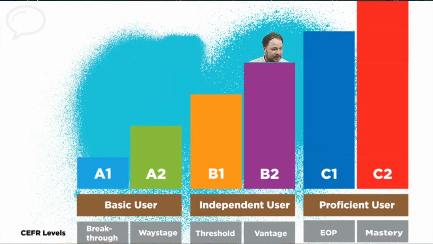All right. So the C levels, C1 and C2. I have a C2 diploma in Spanish, from the Instituto Cervantes, their highest level diploma. And to be honest, it's not a very good objective to aim for most people. Sounds great, and ideally, everybody would speak at C2.